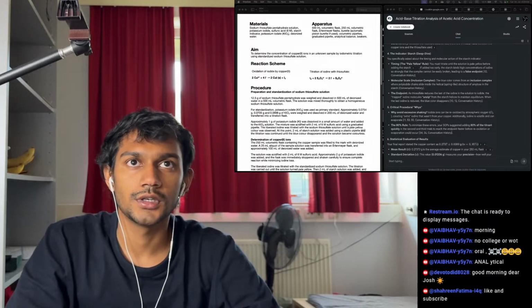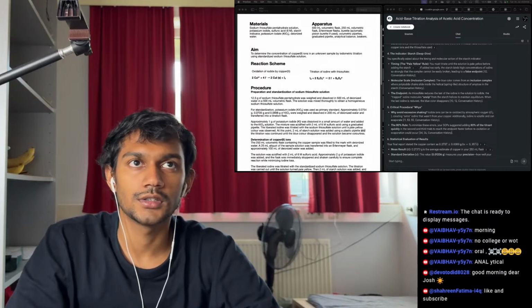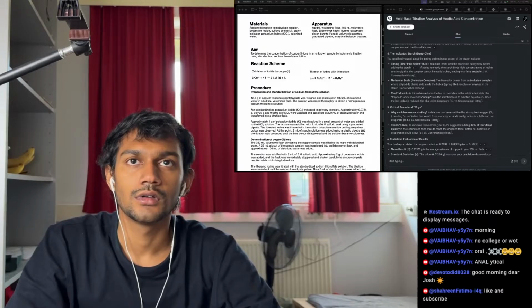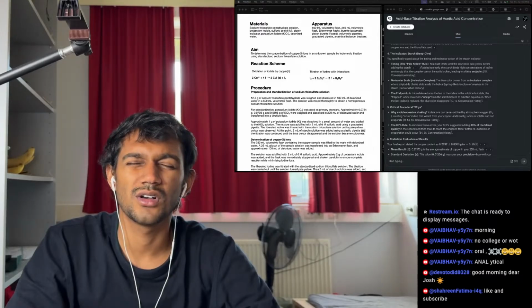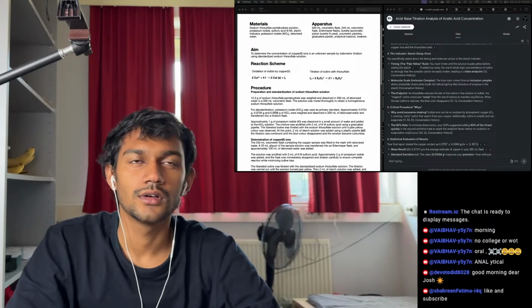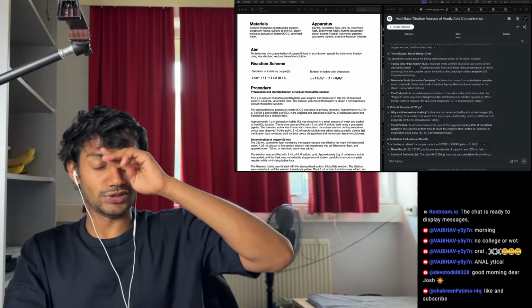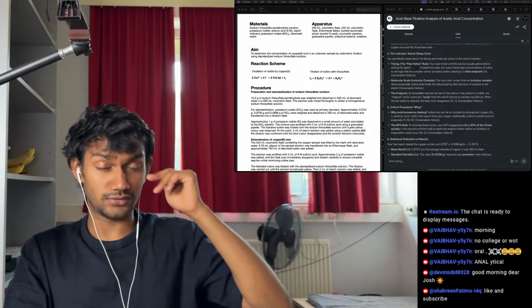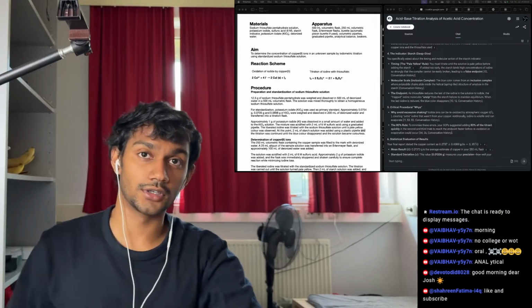This is a precipitation titration where the analyte and titrant form an insoluble solid. Why do the analyte and titrant form an insoluble solid? I don't remember. Using the machine and just white solid.